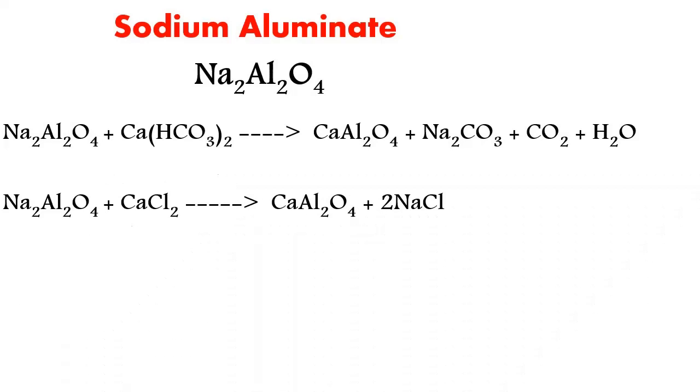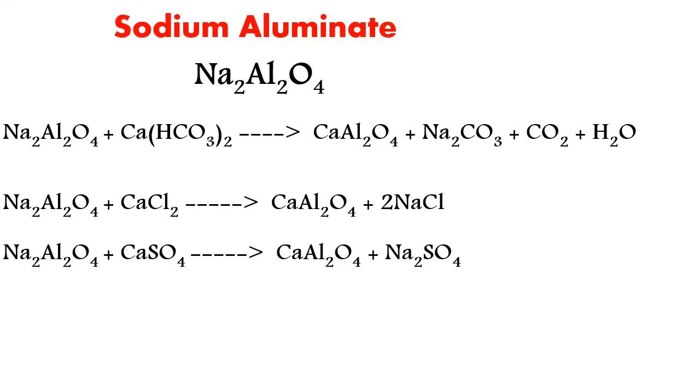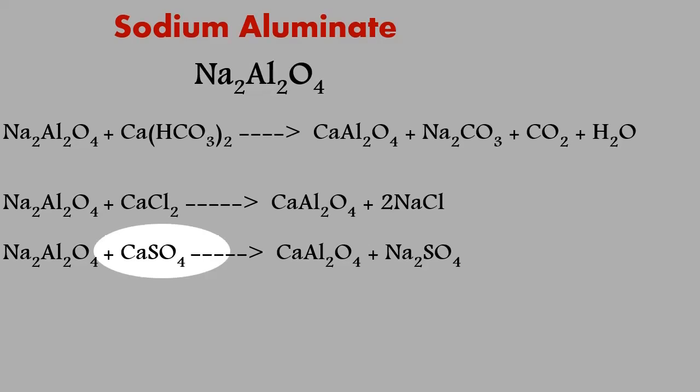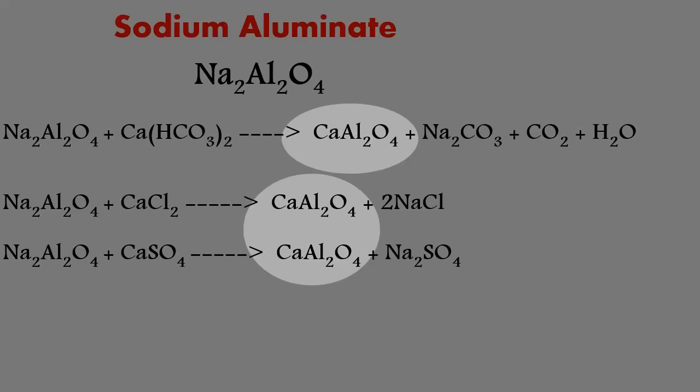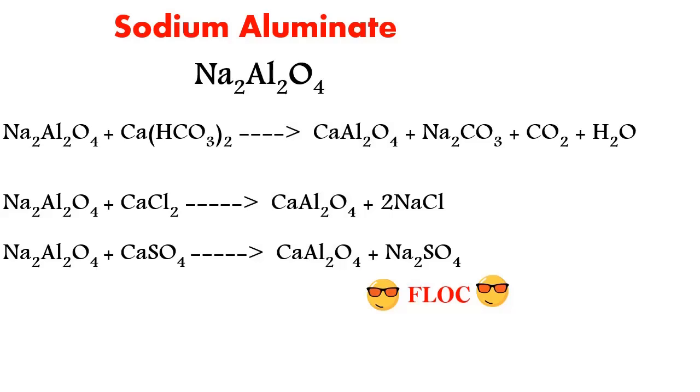Then if that is not there, sodium aluminate can react with calcium sulfate and produce CaAl2O4. Here calcium aluminate, CaAl2O4, is our floc. It is used for sedimentation. It helps in sedimentation.